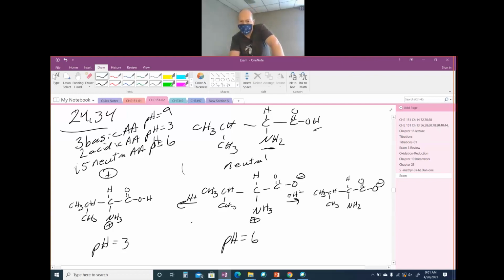The OH minus took off this H, and your overall charge is minus when you are at a pH of 9. So for the 15 neutral amino acids, they are neutral at pH 6, +1 at pH 3, and -1 at pH 9.